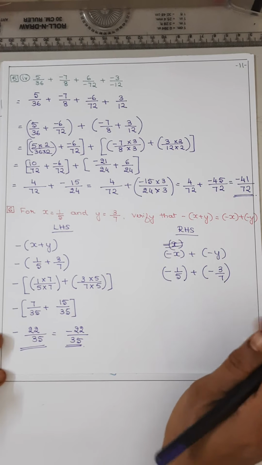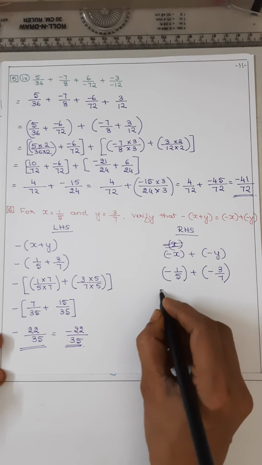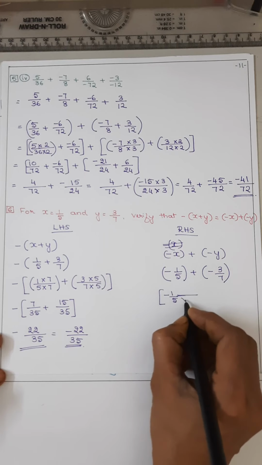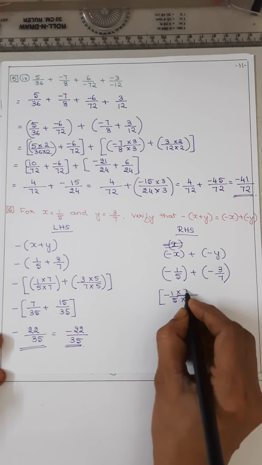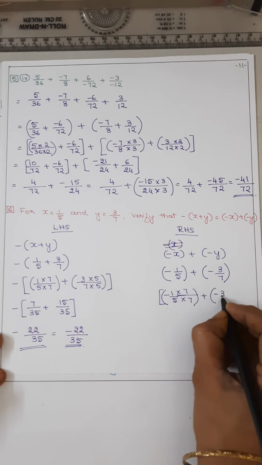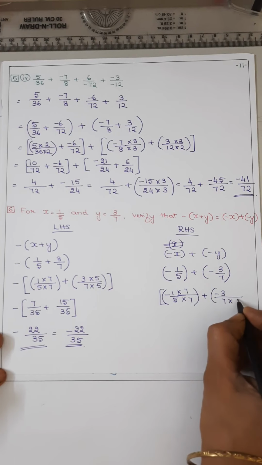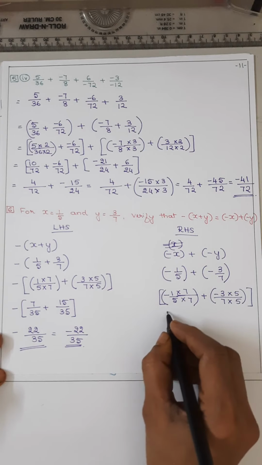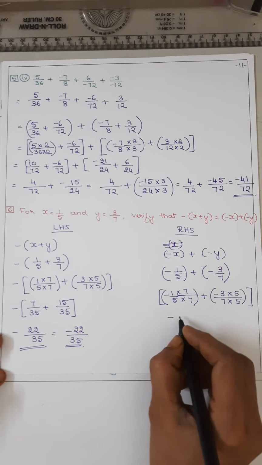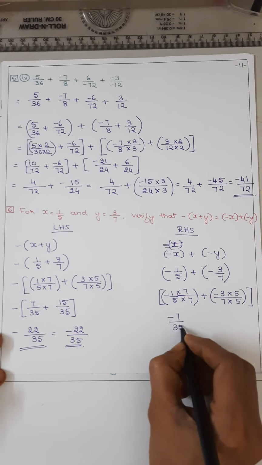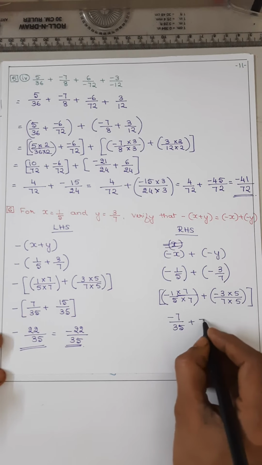5 and 7 का 35 ही है. So minus 1 by 5 convert to 35. Plus minus 3 by 7 into 5. So it will be minus 7, 1 sevens are 7 by 35 plus minus 15 by 35.